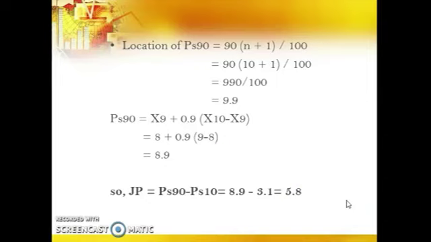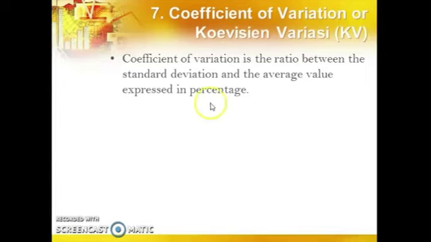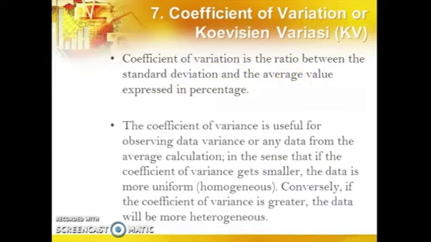Now, the next new topic is the coefficient of variation. Coefficient of variation is the ratio between the standard deviation and the average value, expressed in percentage. The coefficient of variation is useful for observing data variation relative to the average, in the sense that if the coefficient of variation gets smaller, the data is more uniform or homogeneous.